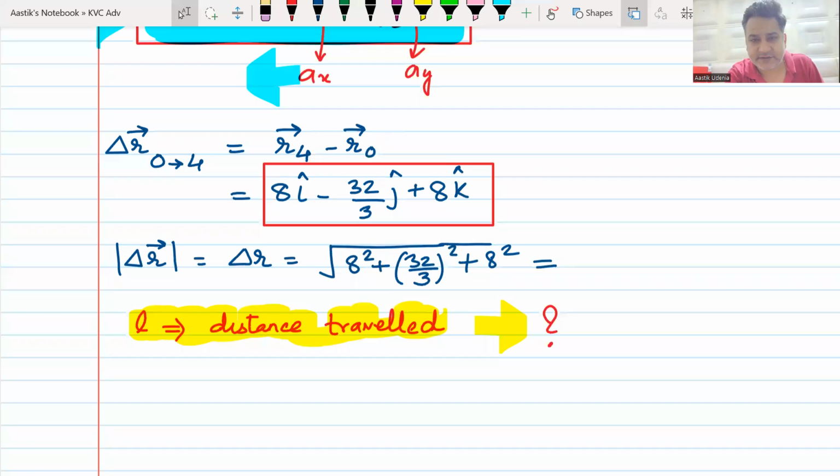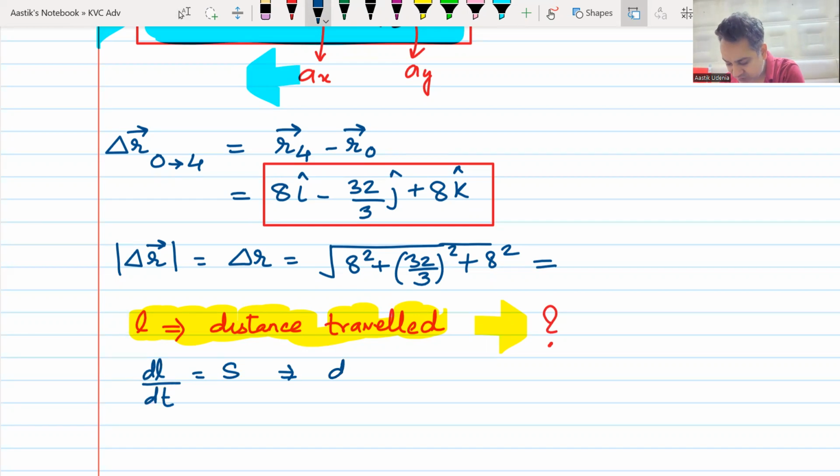Yes, anyone got any answer now? How do I get the distance traveled? So dl by dt is speed. That implies small distance dl will be equal to s dt.